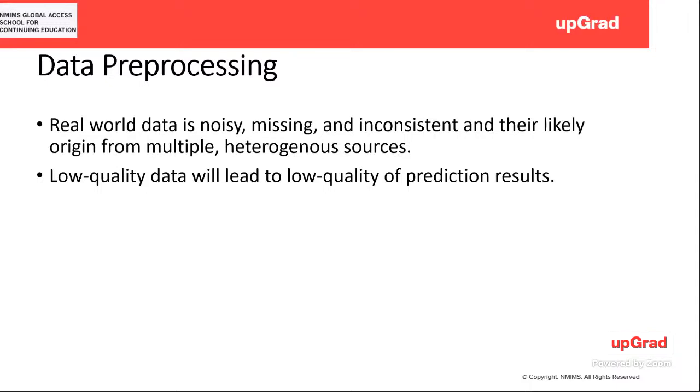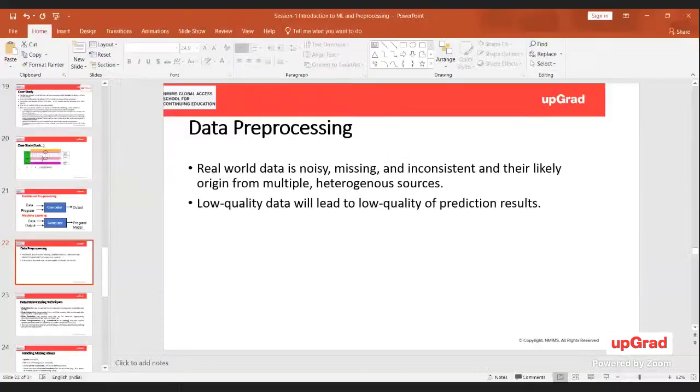So we want to pre-process it to make quality data, and that quality data will help us make very good quality predictions. If your data is noisy and inconsistent, then we can't make predictions or draw any conclusion from it.